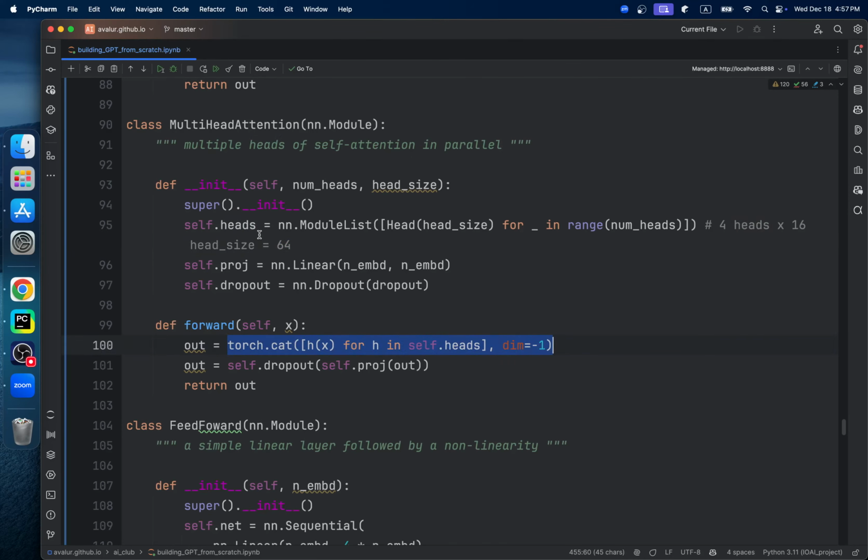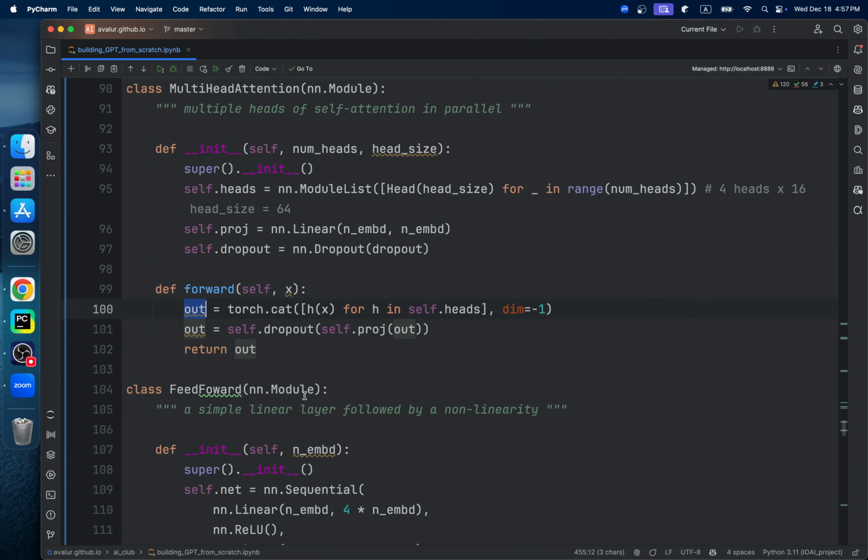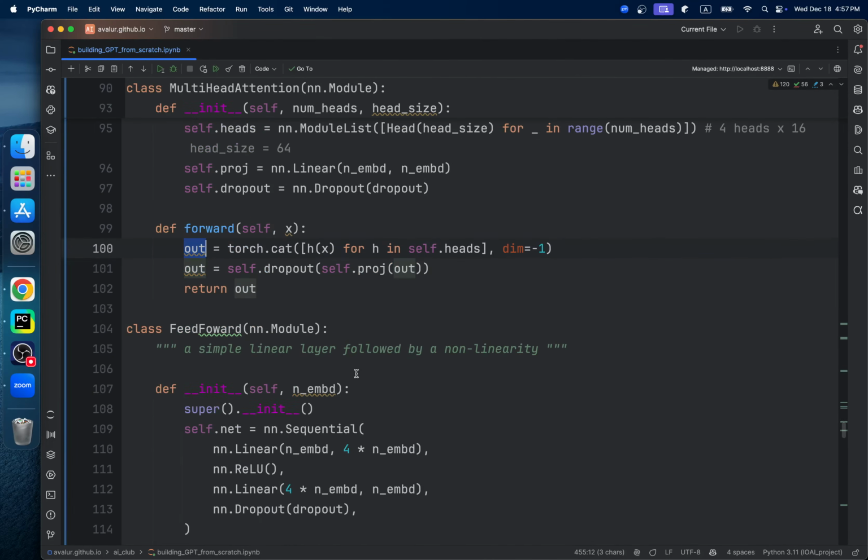First we calculate all the heads, and then we concatenate the vectors one by one: the result of the first head, of the second, of the third, and the fourth. That's why the output will have 64 dimension, 64 size.